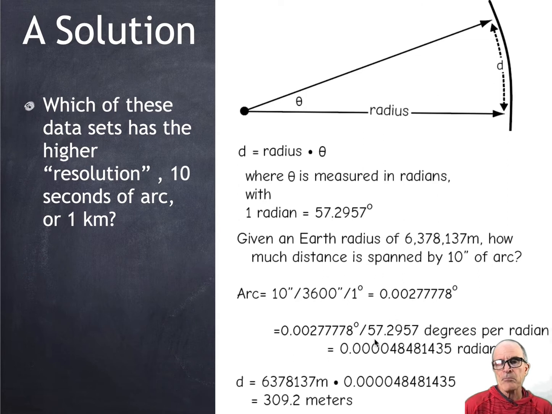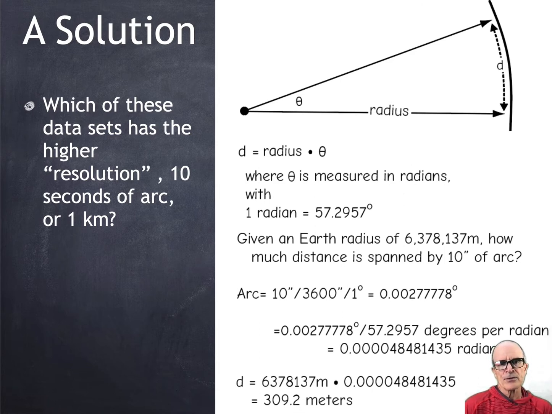And with that many degrees times 57.2957 degrees per radian, I have this many radians, 4 zeros point, and then 48481.435. So if I multiply by this equation, the radius times this angle, and notice the angle I always have to convert to radians, I get 309 meters.